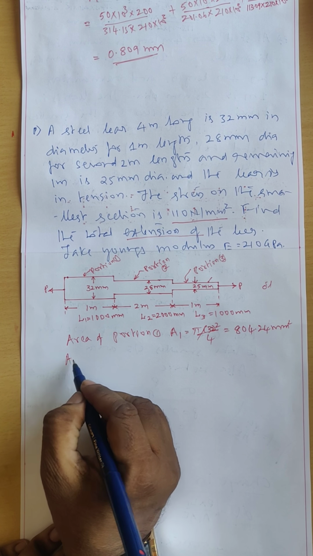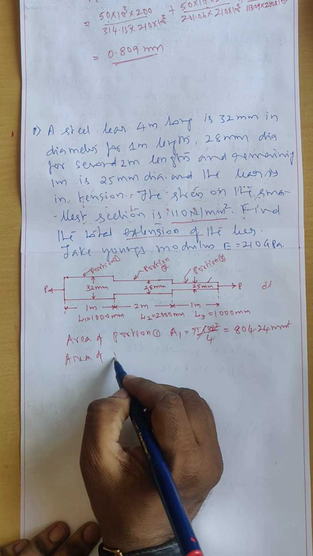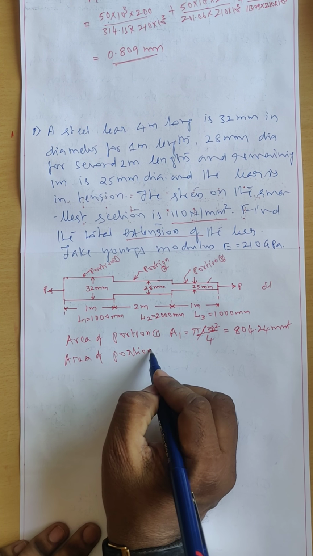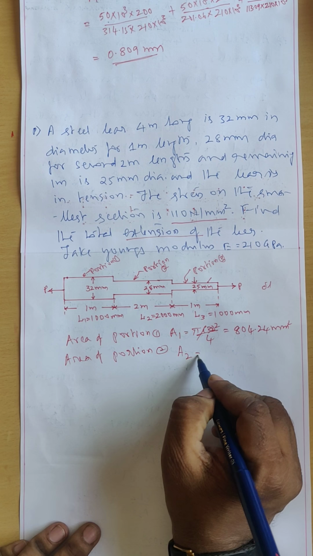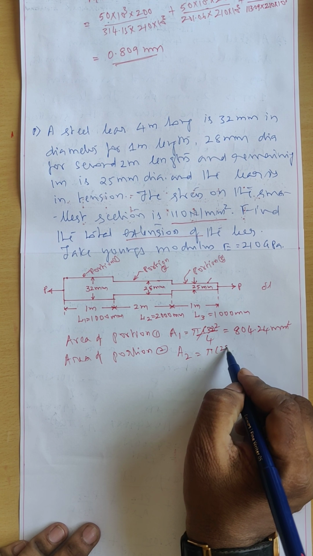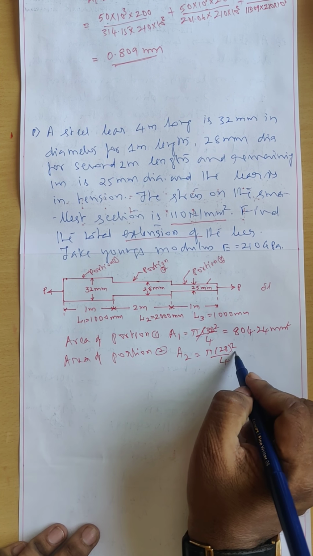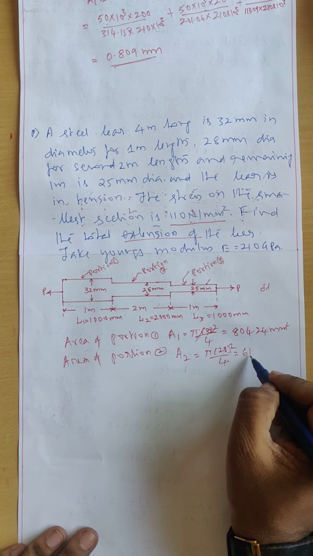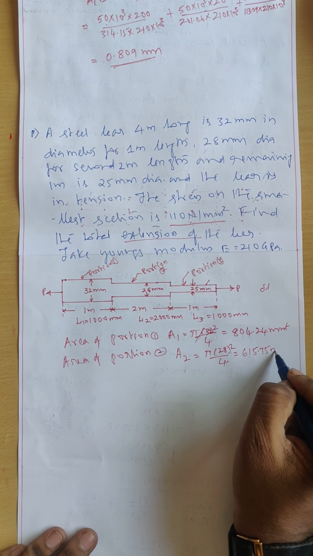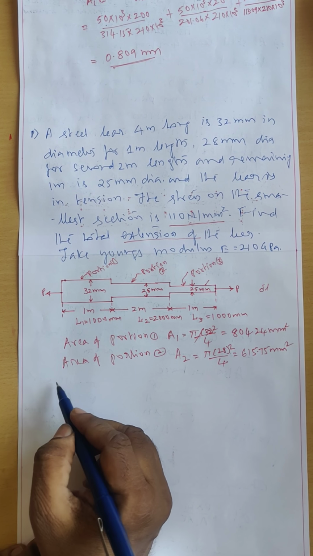Next, cross sectional area of portion 2, I am calling it A2, pi into 28 square by 4, that comes nearly 615.75 millimeter square.